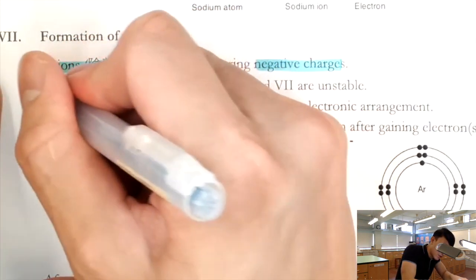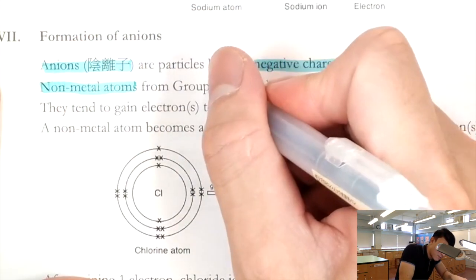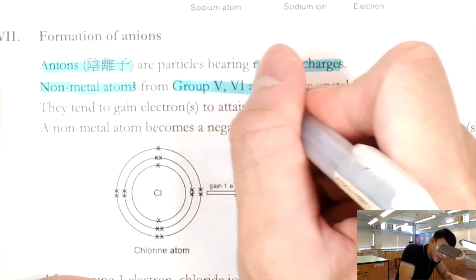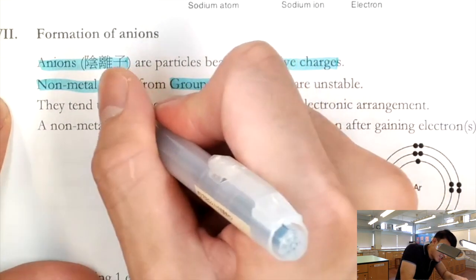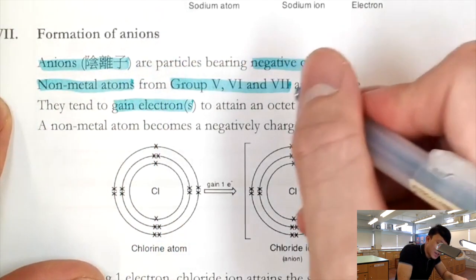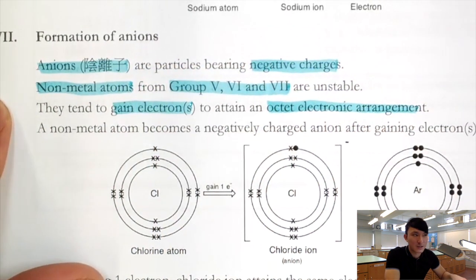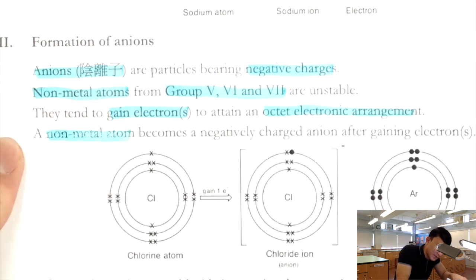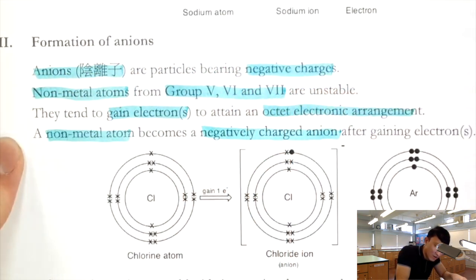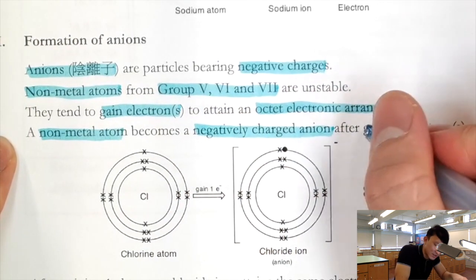So non-metal atoms from group 5, 6, 7, they are unstable. So they tend to gain electrons to attain an octet electronic arrangement. Gain electrons. So now the non-metal atoms become a negatively charged anion after gaining electrons.